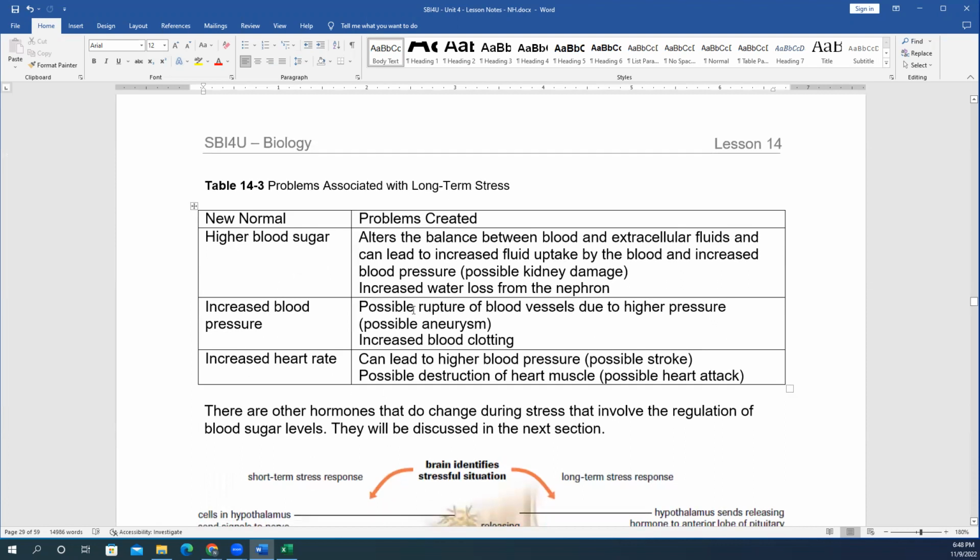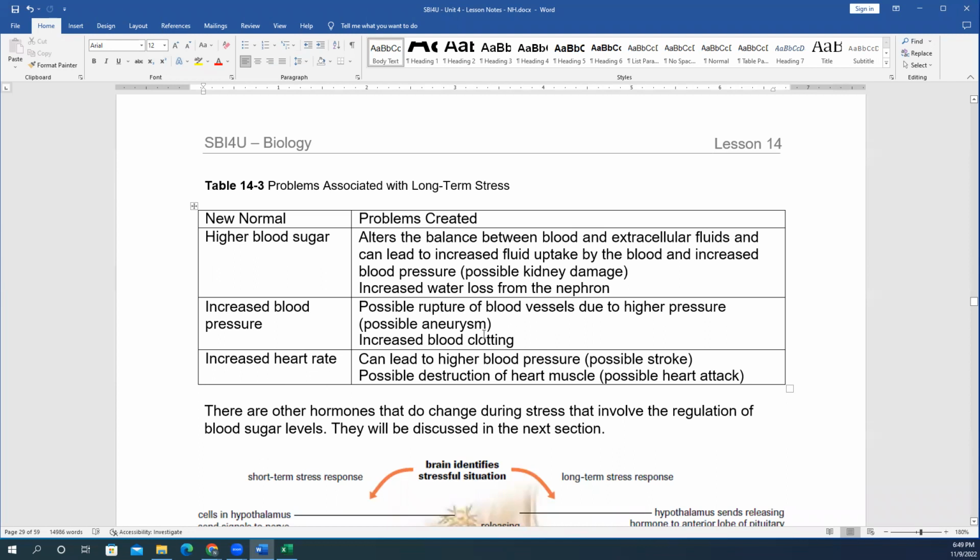And again, in this table, we have a summary of what we just discussed. The problems associated with being exposed to long-term stress are that you may have higher than normal blood sugar levels as a result of being under stress. You would have increased blood pressure from being stressed and also increased heart rate.